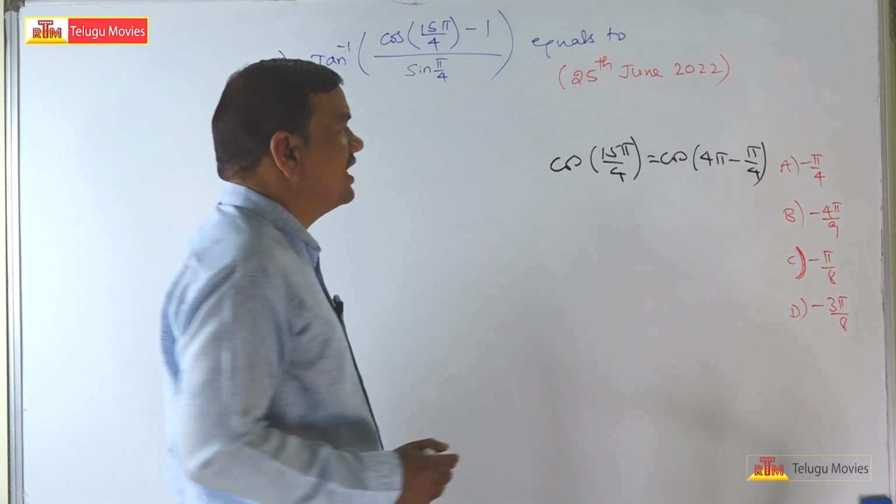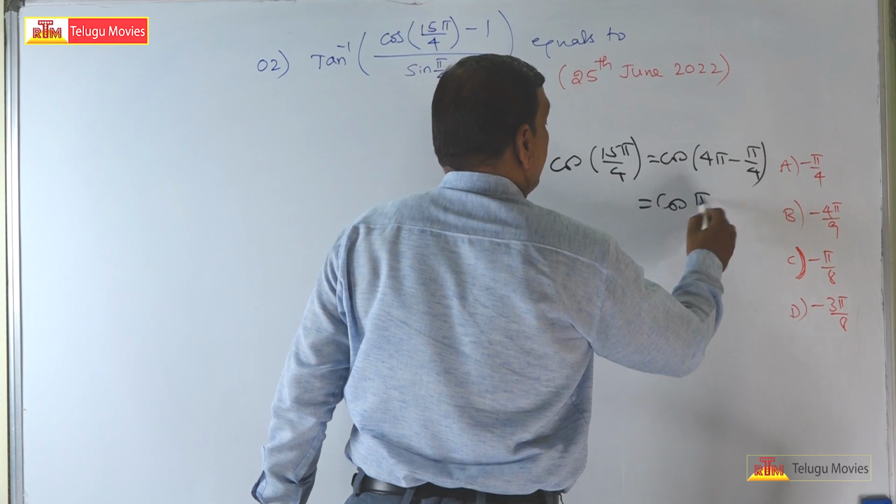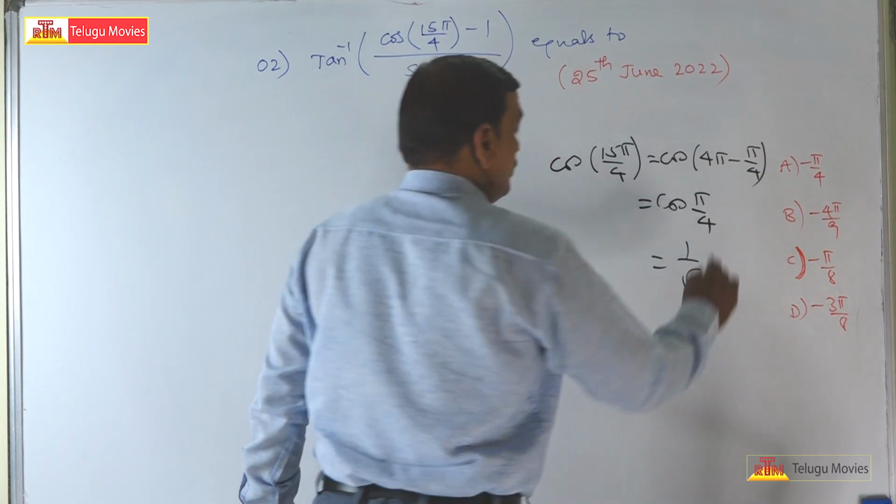So it will be cos pi by 4, and that is 1 by root 2.